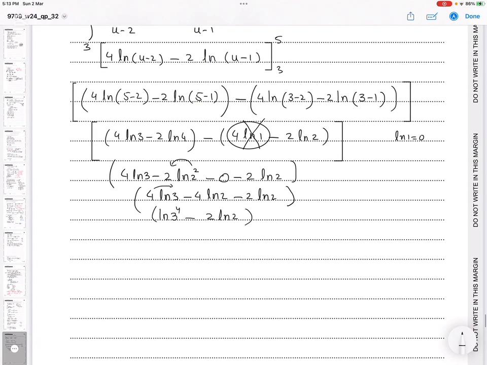And these logs, I can further write as ln 3 power 4 minus ln 2 power 2.